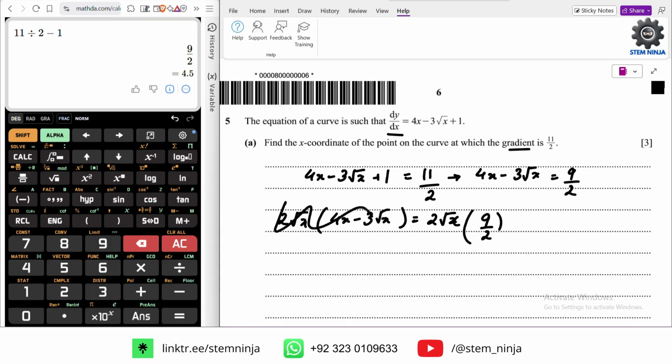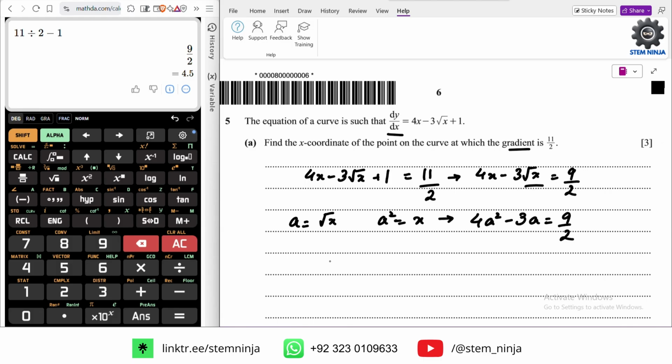Okay, alright, so basically what we can do is treat this root x as, let's say, a equal to root x, so therefore a squared would be x. So multiply by 2 at least we can do. So therefore this equation can be written as 4a squared minus 3a equals 9 over 2. This can be further transformed into 8a squared minus 6a minus 9 equal to 0.